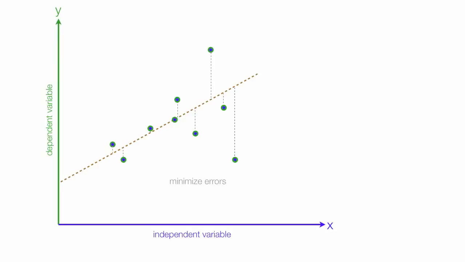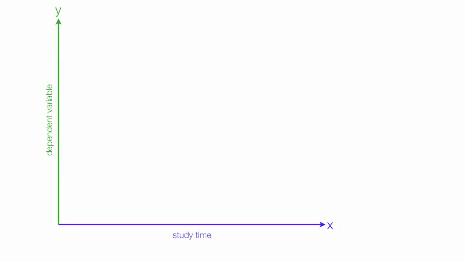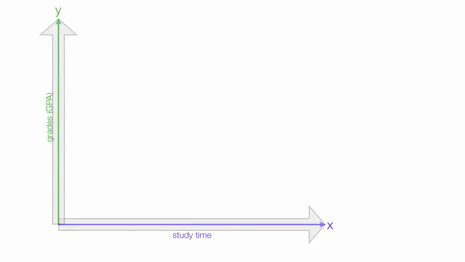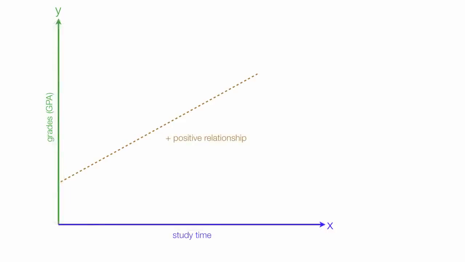Now let's imagine I put study time on the x-axis, or make that my independent variable, and the dependent variable becomes grades or GPA. As study time increases, grades should go up. There is a positive relationship. In regression, we develop these equations like this.